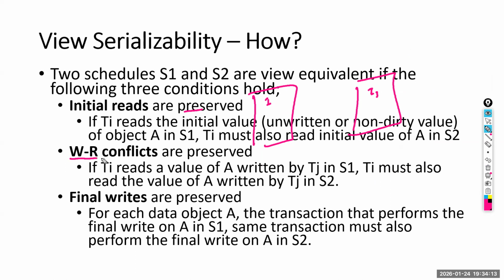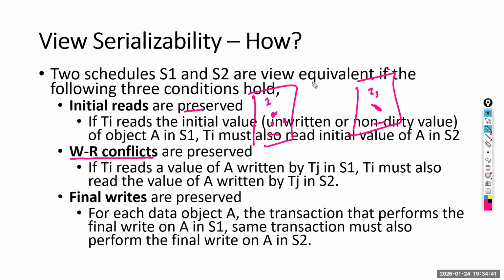And write-read must be preserved. If here there's a write by transaction 1 and then a read by transaction 2, here also that sequence must be preserved. And final writes must be done by the same transaction. If in this schedule the final write is done by transaction 2, here also the final write must be done by transaction 2.